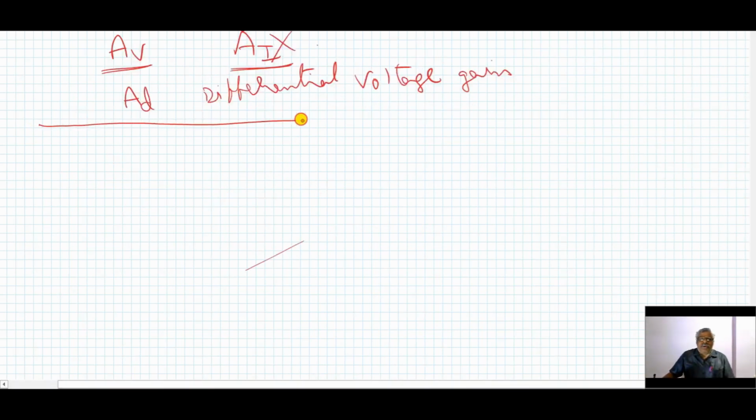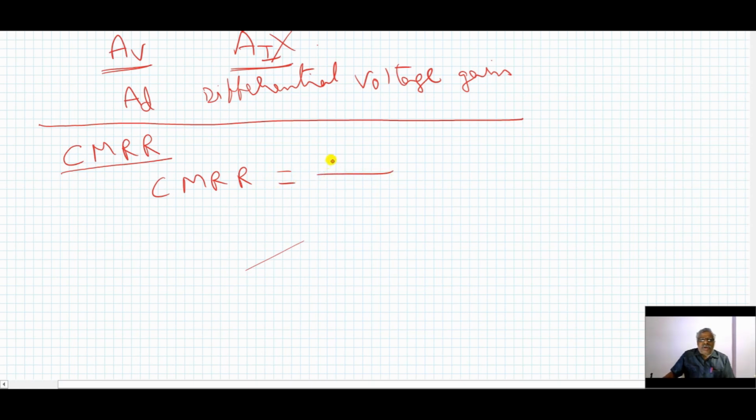Another important topic, let us see, which is very simple and very important and very useful. Pertaining to operational amplifier, one parameter: CMRR, common mode rejection ratio. This CMRR is defined as the ratio of differential mode gain to common mode gain.